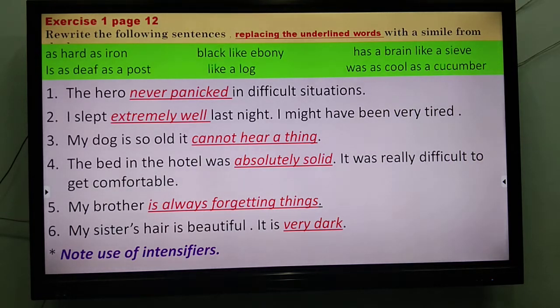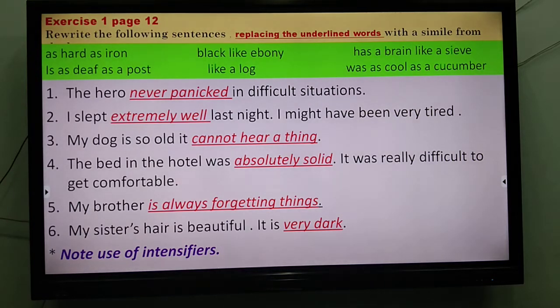Now see, we are learning how to use similes. But there is another thing that we can revise here, and that is the intensifiers. For example, in sentence number 1, the hero never panicked in difficult situations. So you can say the hero never panicked in extremely difficult situations. Now see how as soon as we add the word extremely, it makes our writing better.